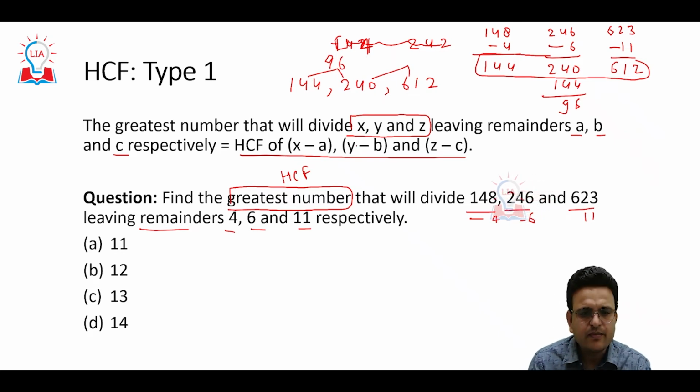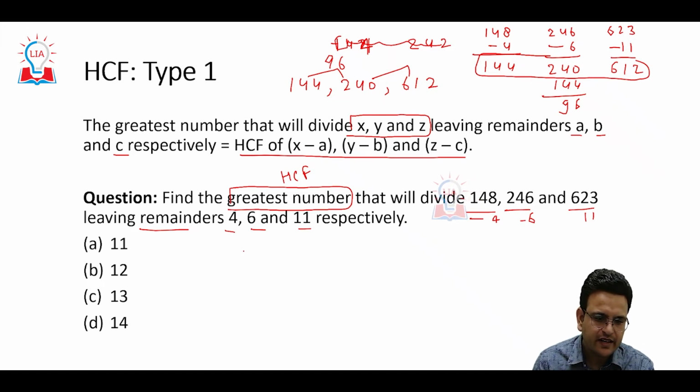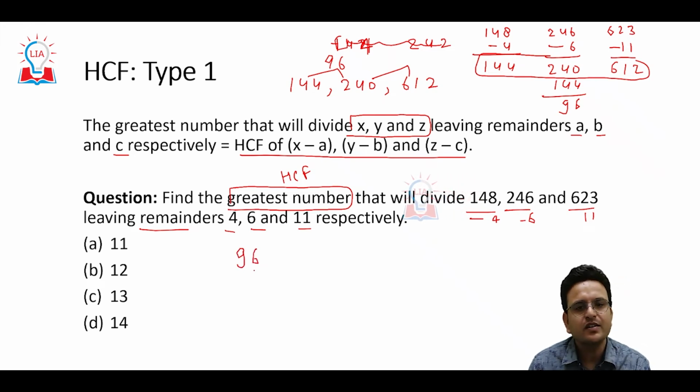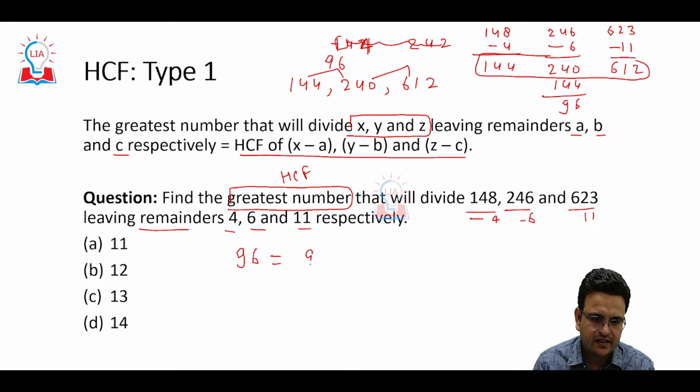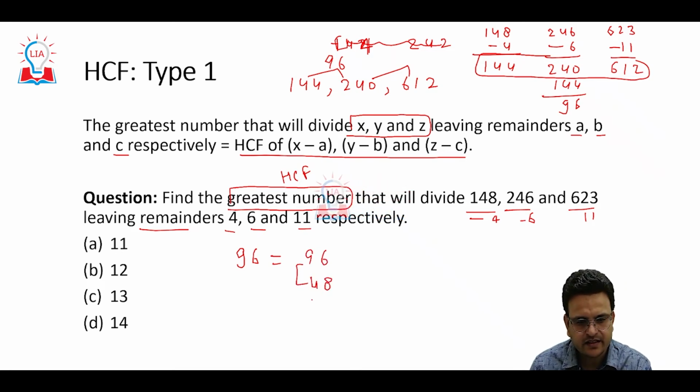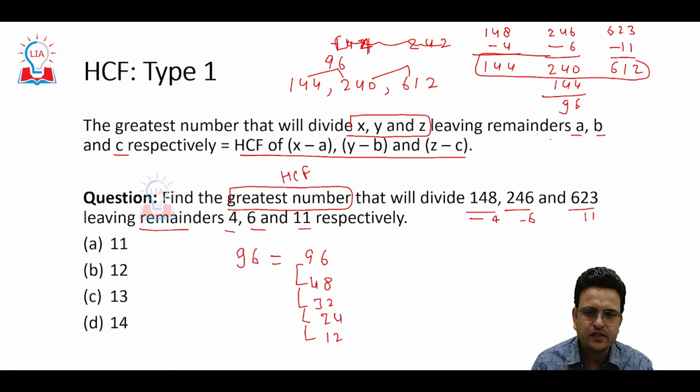When we talk about 96, the HCF of these three numbers can be 96 or factors of 96, like 96, then you can take 48, then 32, then 24, then 12 also. So here if you see all these numbers, try to calculate. I can say that 12 will be the HCF.